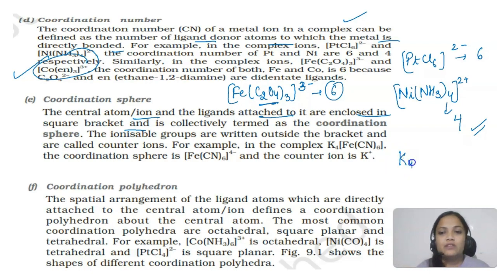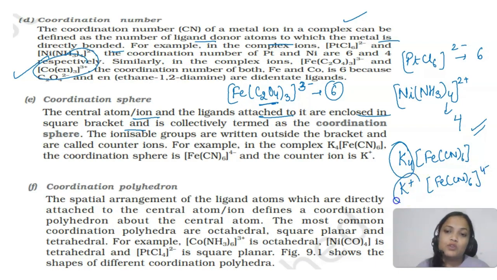Like in potassium ferrocyanide, I told you now that Fe(CN)6 will not ionize, but potassium will ionize, which is the counter ion, okay. And here you will be getting Fe(CN)6 4-. So in that case, this square bracket will be your coordination sphere.